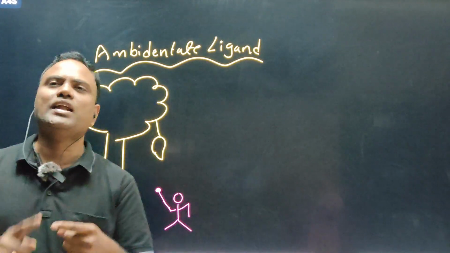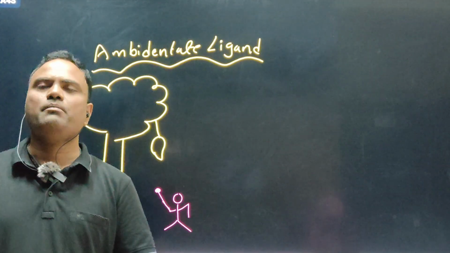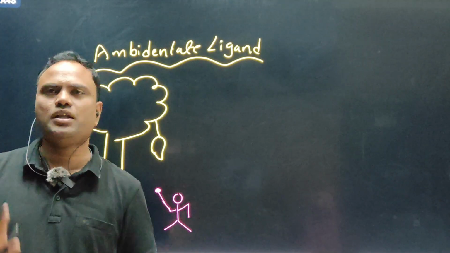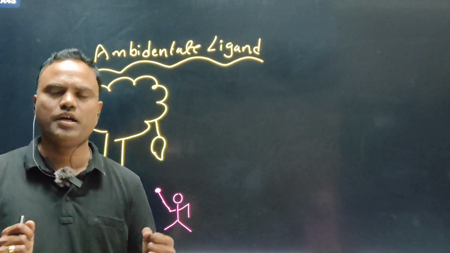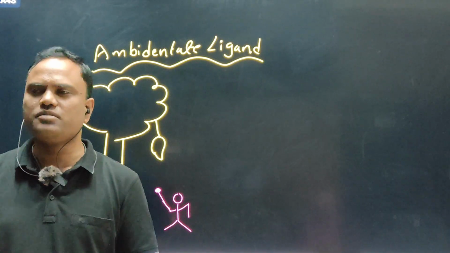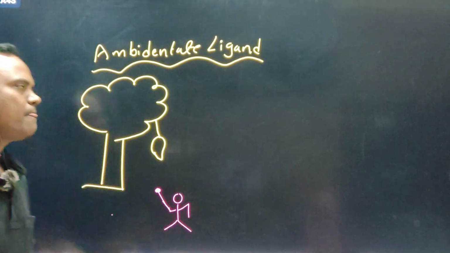What is the definition? The ligand with two donor atoms, but uses only one atom to link with the central metal atom. Clear? Two hands, but we use only one. Remember that example: ambidentate means two hands, but we use only one hand.